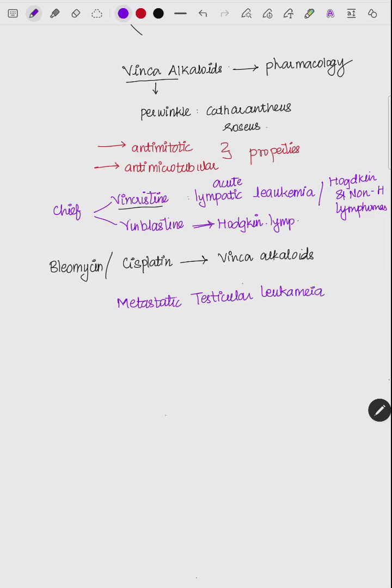Okay, now let's understand the mechanism of action. As we all know, these Vinca alkaloids are very cell specific.